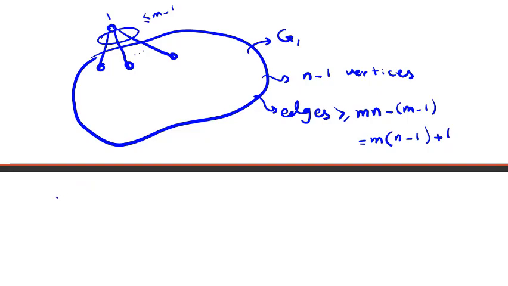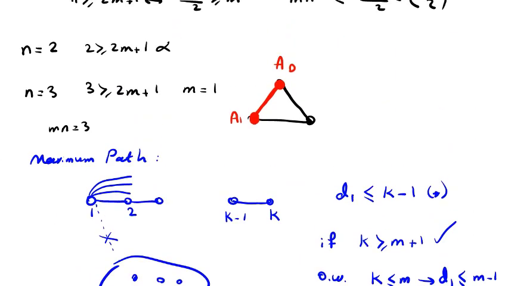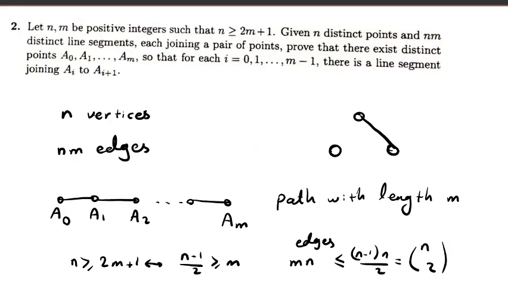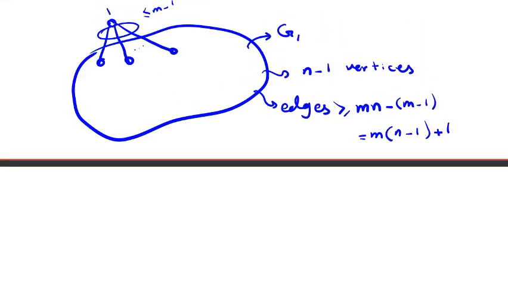So here the problem says n should be at least what? n should be at least 2m plus 1. So if n minus 1 is at least 2m plus 1, then we can use induction, because we know n is at least 2m plus 1 in the whole graph.